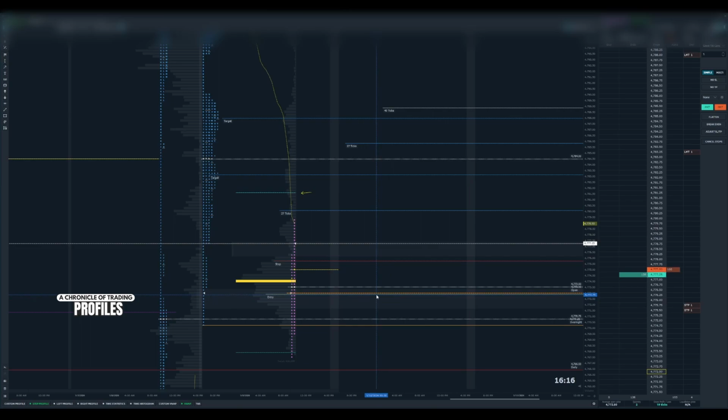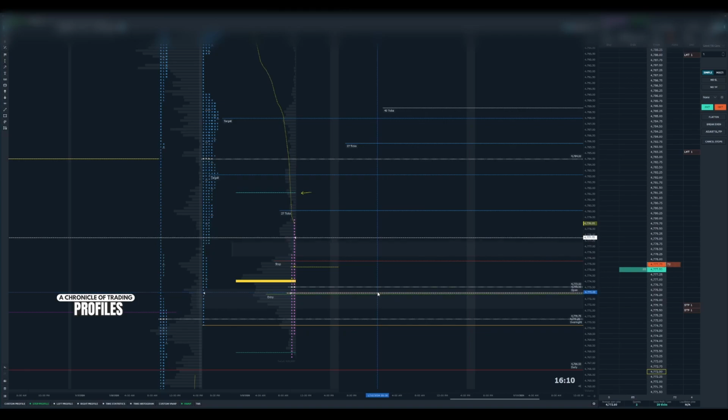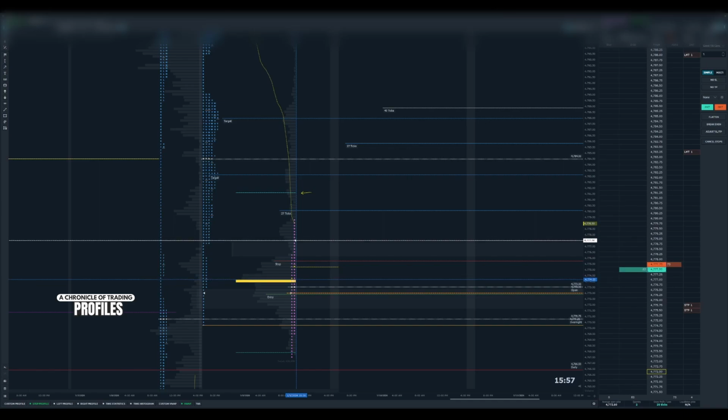I'm going to keep an eye on what they do at this value area high. Notice I have the stops there at the top of that node, and it hasn't been back in that node yet. So that goes with my idea that we're trying to move higher.